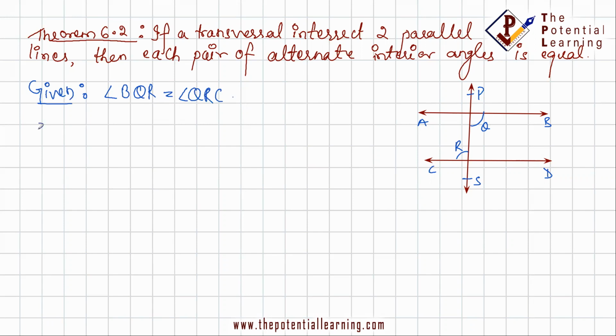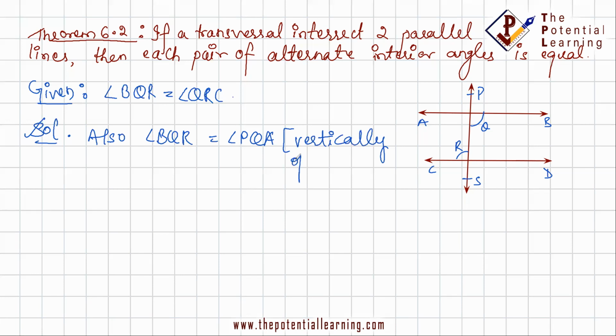Now solving this, also BQR is equal to PQA. BQR is equal to PQA because they are vertically opposite angles. Okay, therefore what we get is QRC is equal to PQA.